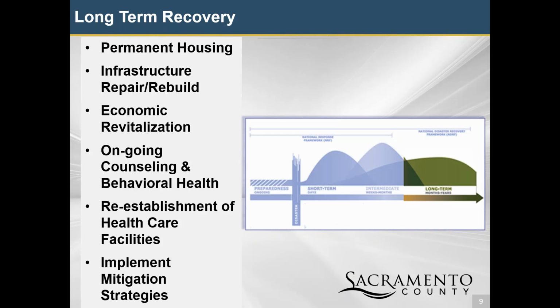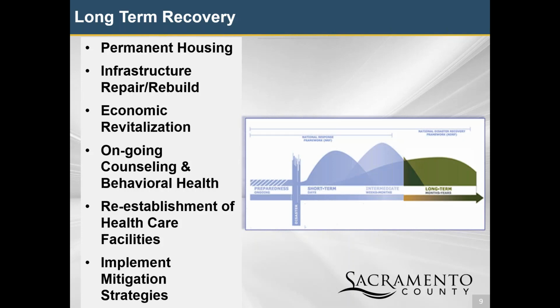Once again, ongoing counseling and behavioral health. We've got to follow up on those counseling and behavioral health issues and case management services. Reestablish health care facilities: for disrupted health care facilities, we need to get them back, get them reopened, and establish new ones. Mitigation and planning activities.